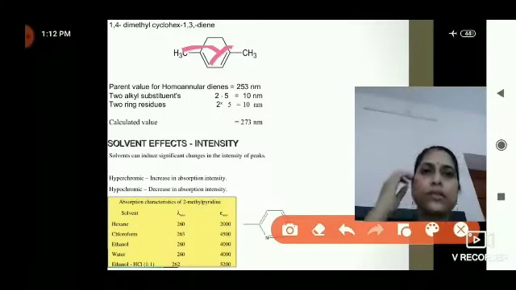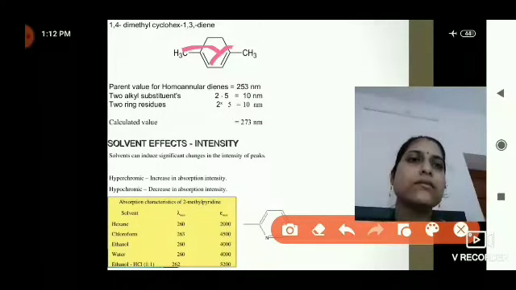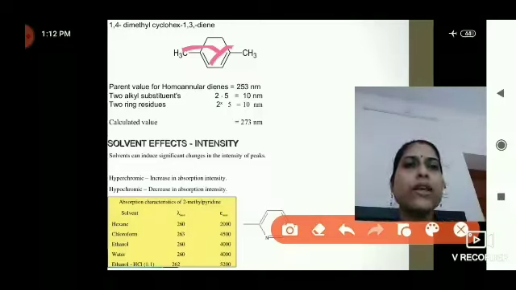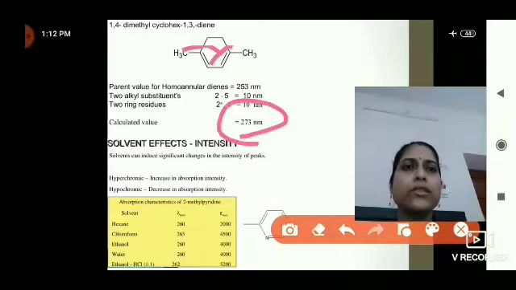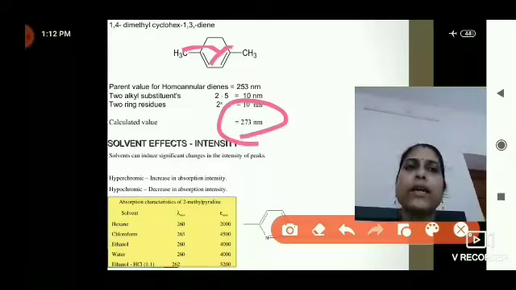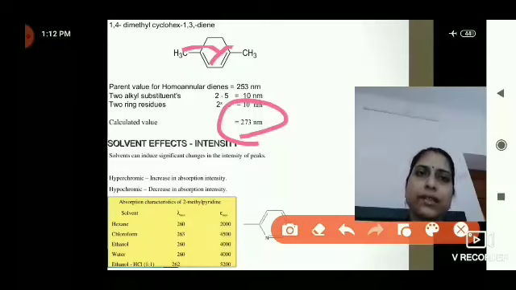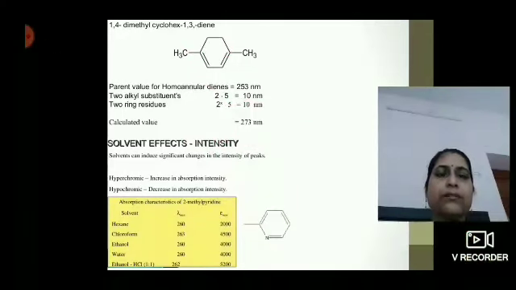This causes an additional value of 10 nanometer. So we add these increments to the parent value, and this gives you 273 nanometer. This is the calculated value of lambda max, and this is one example of lambda max calculation using the Woodward-Fieser rule.